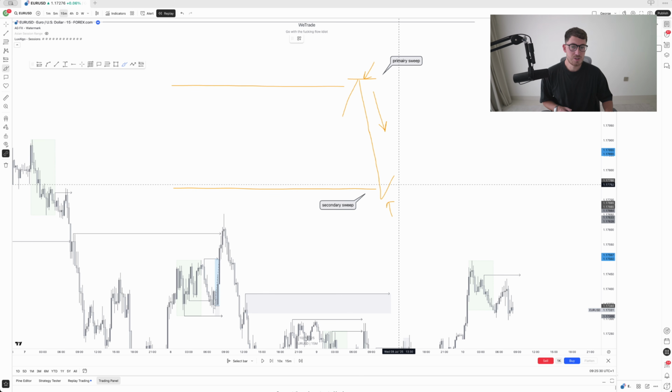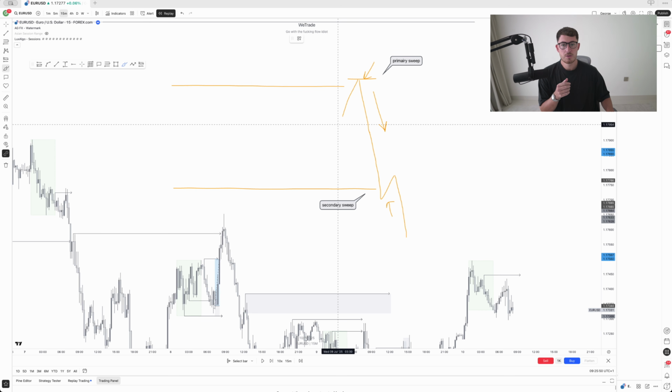So the expectation from this secondary sweep is that yes, we will likely see a reaction, but what is then likely to happen is that we are likely to fail. Now again, you might start putting the pieces together, because I've got a video on this already where we can utilize this primary sweep to give us our directional bias for the session.